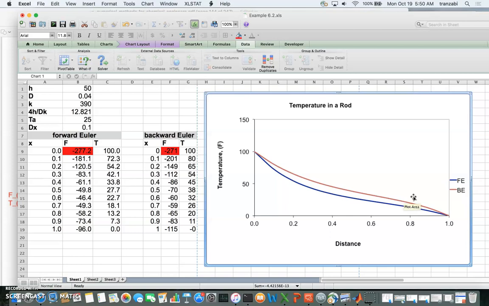If the boundary conditions are given on both sides, then we have to guess the boundary condition of one of the variables on one side, solve the problem, and then use goal-seek by changing our guess value to make the other boundary condition on the other side correct. And we did that using heat conduction in a rod, using forward Euler and backward Euler.